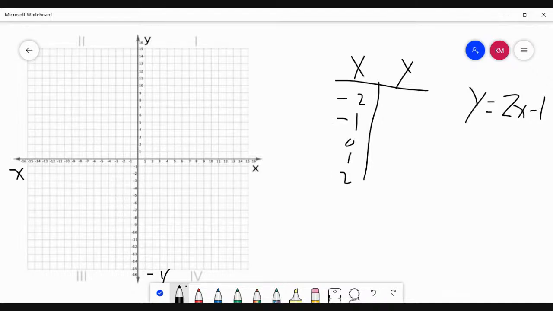Usually you always want to have at least 5 points to plot in order to get a more accurate line, because of course this is a linear equation. Linear line, get it? So now, if I plug -2 into this equation, because for every x, there's one y, which allows you to have what? A function.